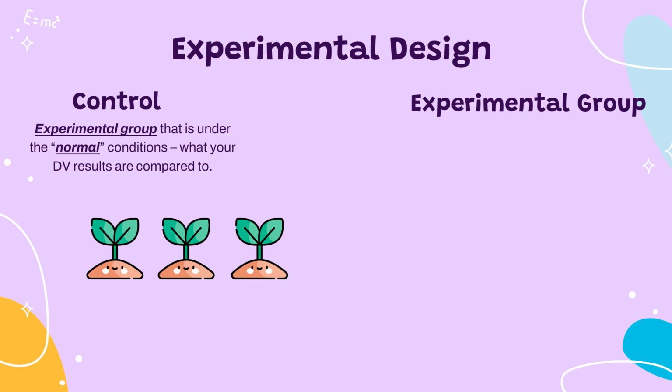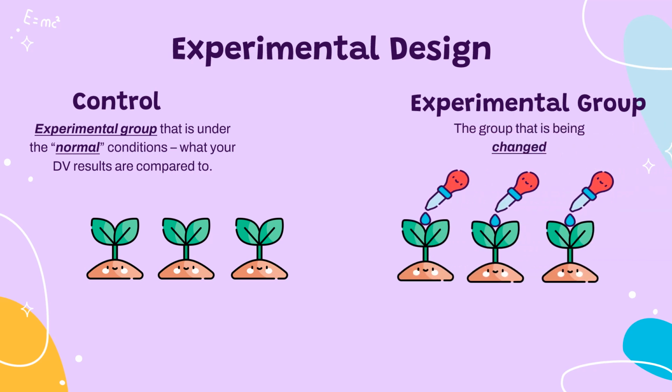So that's where your control group comes in. You need just normal conditions to compare to your experimental group, and that's the one that's being changed. So in this case, our control group are plants just growing normally, how they would. The experimental group, those plants are being given that miracle chemical that might make them grow taller.